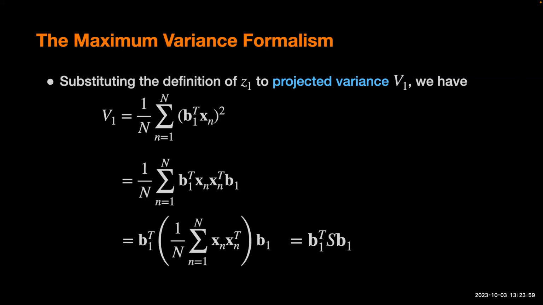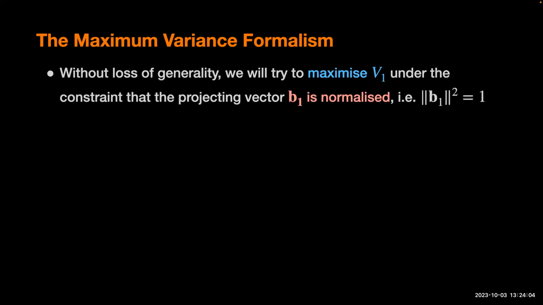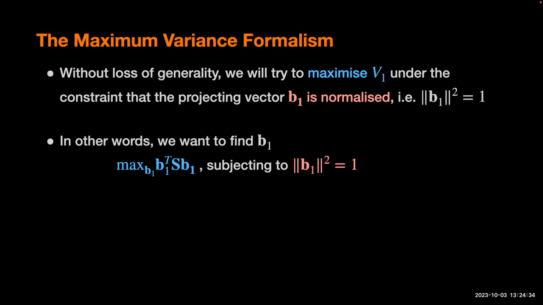So the question is, what b_1 can optimize this? We want to find b_1 that maximizes this term, which is a scalar, with some constraint, because I want the vector itself to be a unit vector, since it is the axis of your new direction. So you have a term that you want to optimize with a constraint. We learned this last time: if you have f(x) that you want to optimize with respect to x with a constraint g(x) equals 0, then you use a Lagrange multiplier.